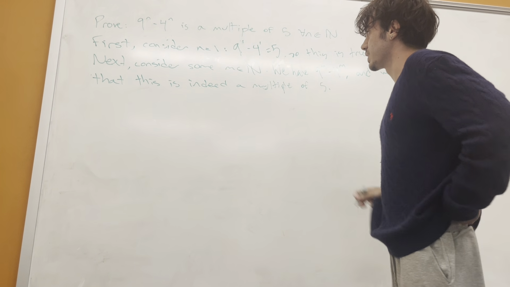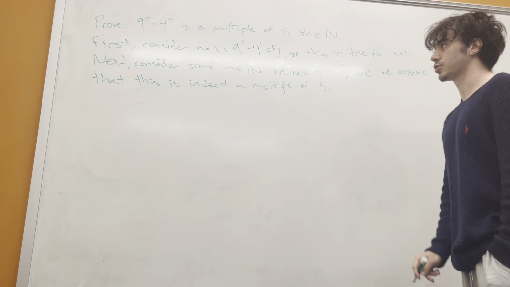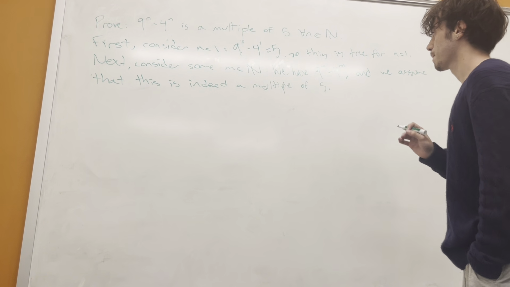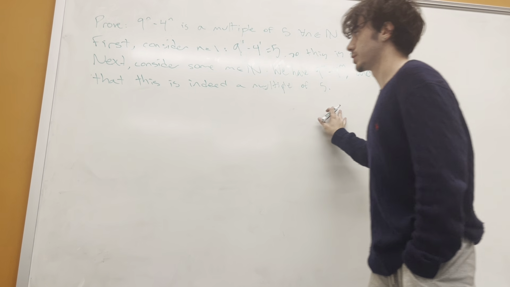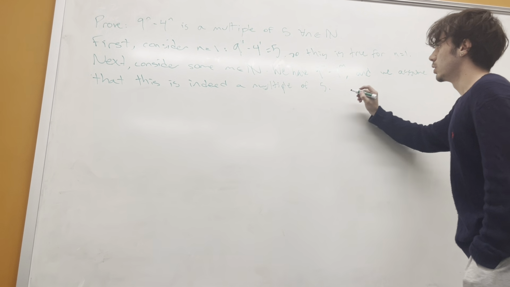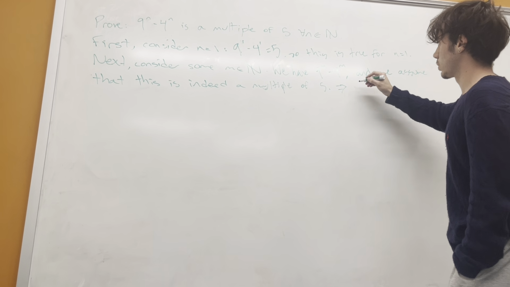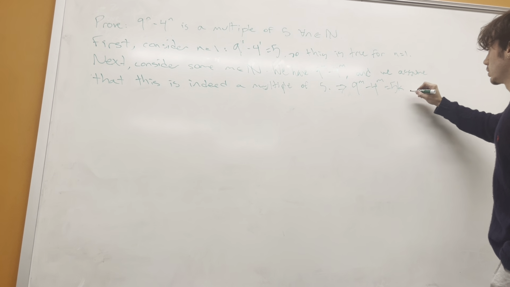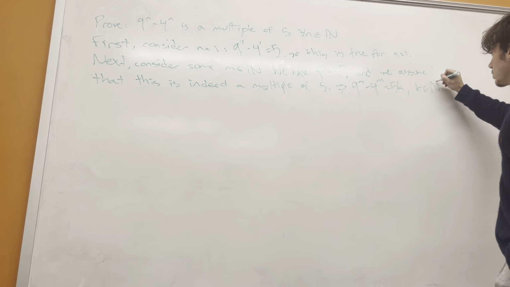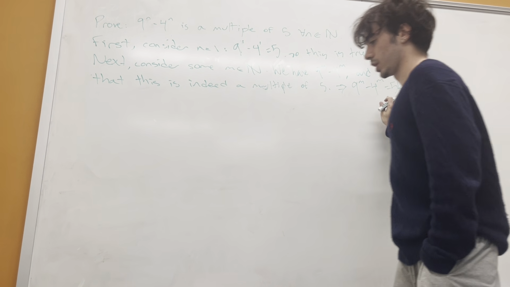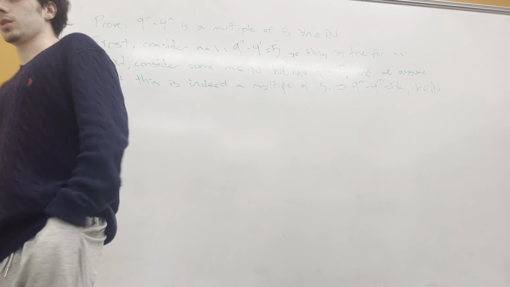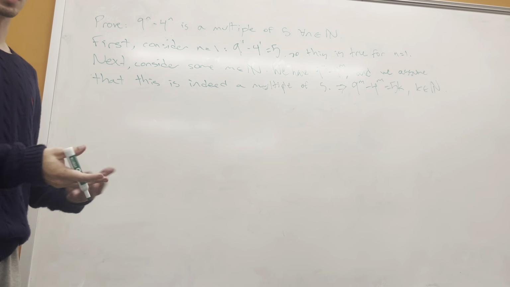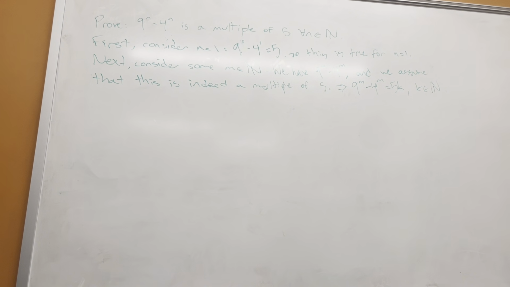So what we've done is we've taken some random natural number and we're assuming that it is true. And based off this assumption, we can write the equality like this, where we have 9^m minus 4^m equals 5k, where k is a natural number. So this is just representing what we've already written here, that this is true, where we get a multiple of 5. 5k will be a multiple of 5, where k is a natural number.